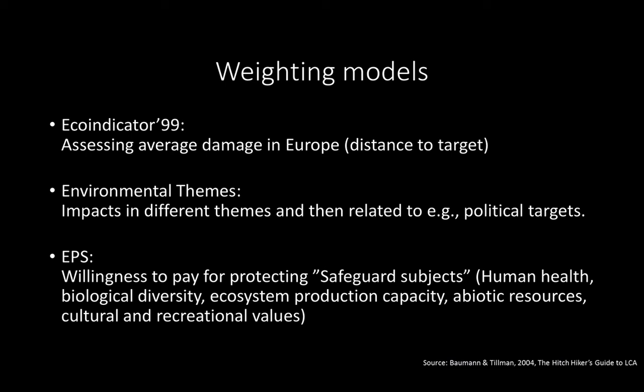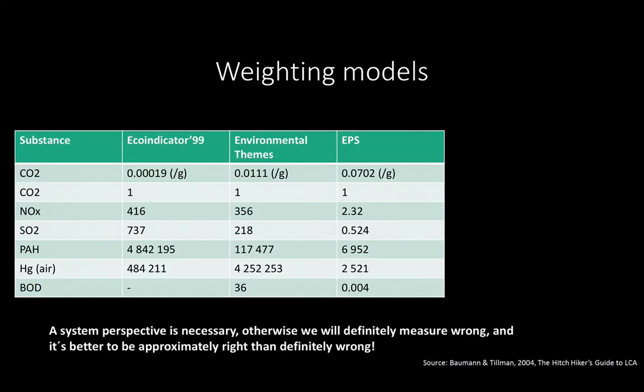And as you can see, this is very much a subjective evaluation also, when you have to ask people how much are you prepared to pay not to have the ice melting in the North Pole compared to your recreational forests damaged. It's a very much subjective interpretation. But this is actually the only way to get this one digit, and it's not because of the methodology that the environment is complex. It's the environment that is complex, and that makes the methodology complex as well.